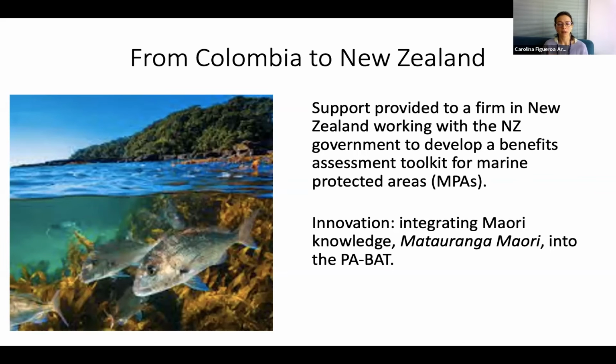So Matauranga Maori has different types of concepts, such as, for example, the whakapapa. It means the connection to the natural environment, to traditions, and to each other is demonstrated in whakapapa.